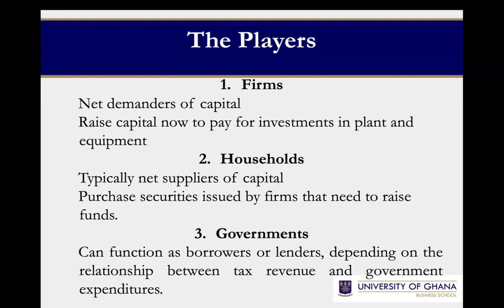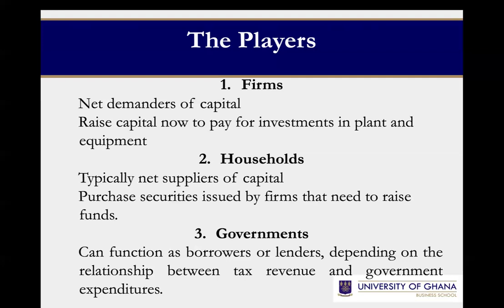And then we have households who are typically net suppliers of capital. They normally would purchase these securities that have been issued by the firms who need to raise funds. And so that's where you normally will find the investment coming in terms of financial assets.